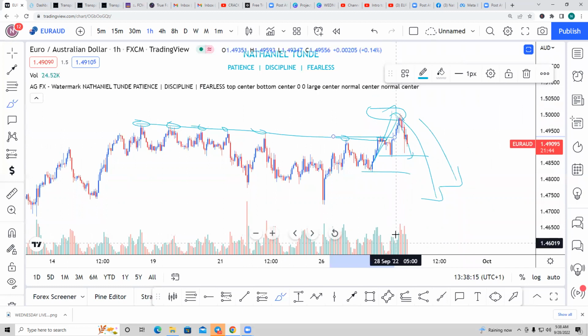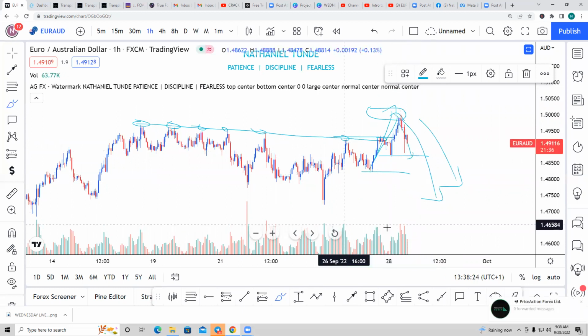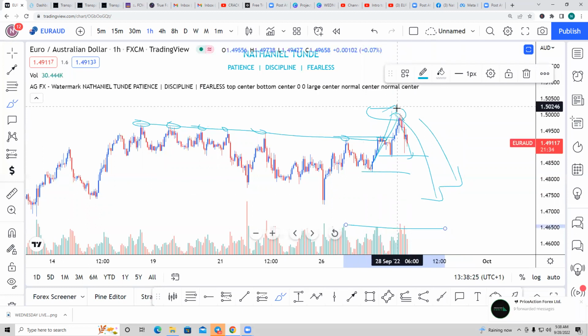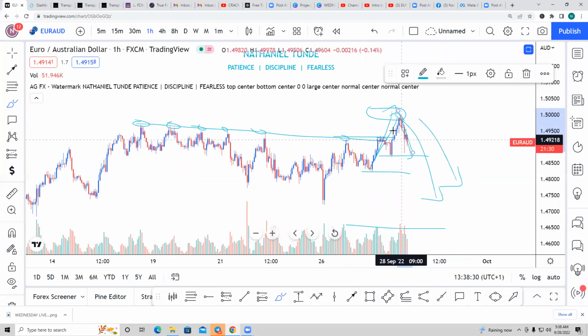Then on the flush down, the volume will be big to show that we're on our way to the downside. But look at it, average. The flush down volume is not bigger than what it used to be, meaning big money movers are not in this market to the downside right now. So we still want a move to the upside.